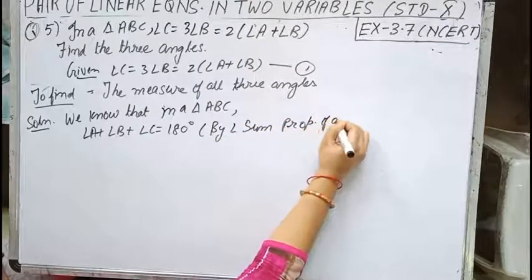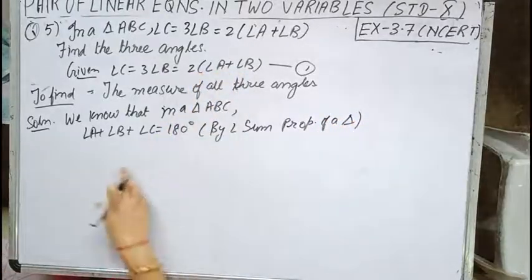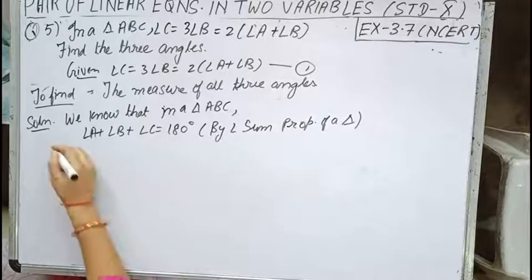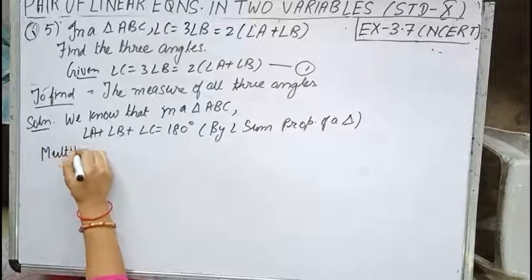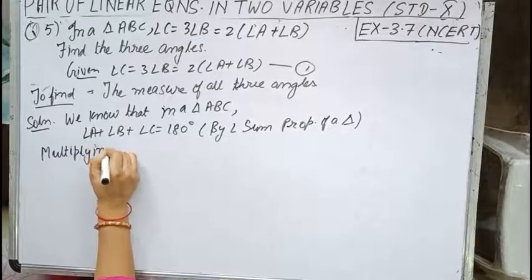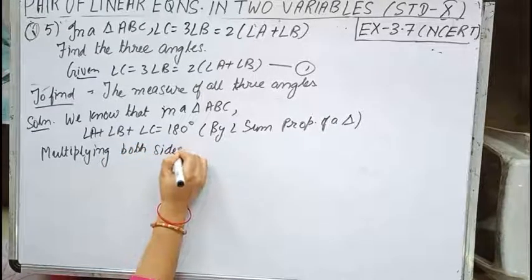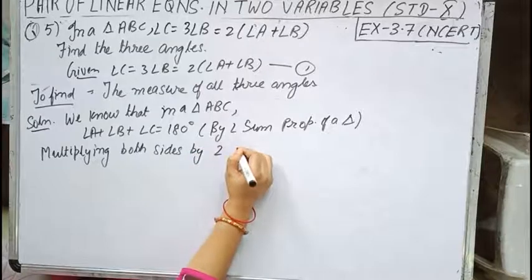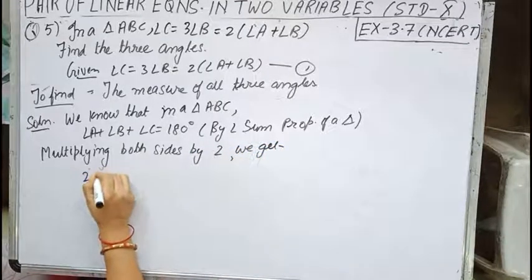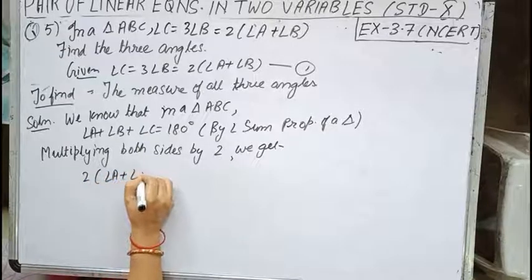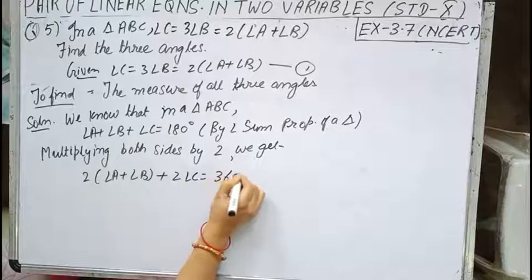Now since over here twice of A plus B is there, so let us multiply both the sides by 2. So multiplying both sides by 2, we get twice of angle A plus angle B plus twice of angle C equals 360 degrees.